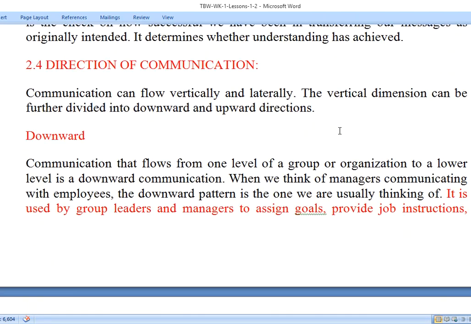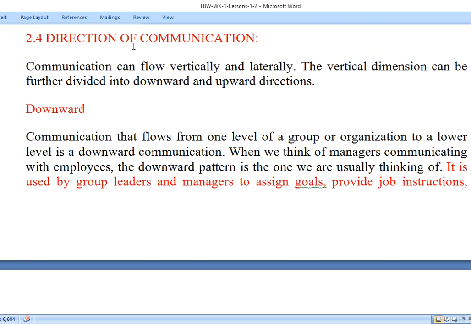Coming to the directions of communication in organizations. In organizational structures, there are different kinds of organizations. Some are called hierarchical organizations, some are called horizontal organizations. In hierarchical organizations, like the government department, the bureaucratic style of management, there is a prime minister, then a cabinet, and in the cabinet a minister, and under a minister is a secretary, and so on.